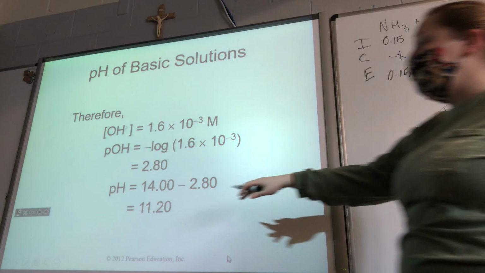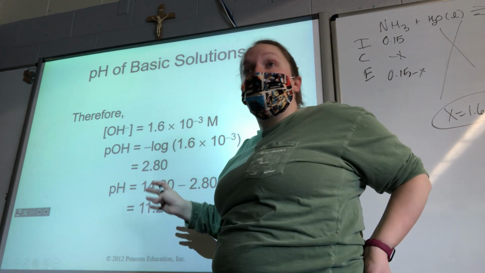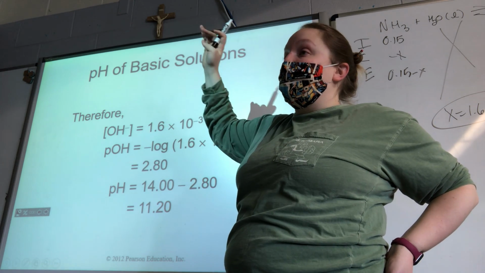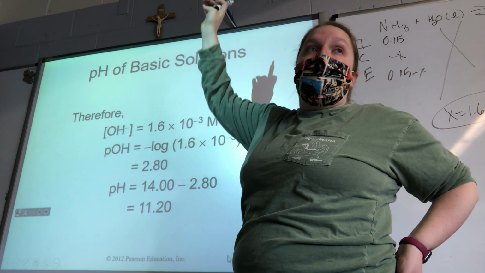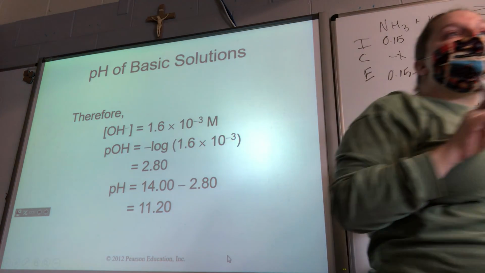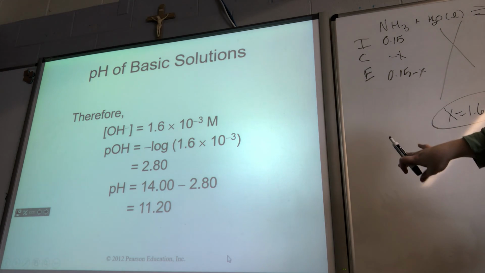Because these values can be pretty high. You could have a weak base that has a pH of 12, 12.5, 13. Strong bases typically are very close to 14, right? 13.2, maybe 12.9.